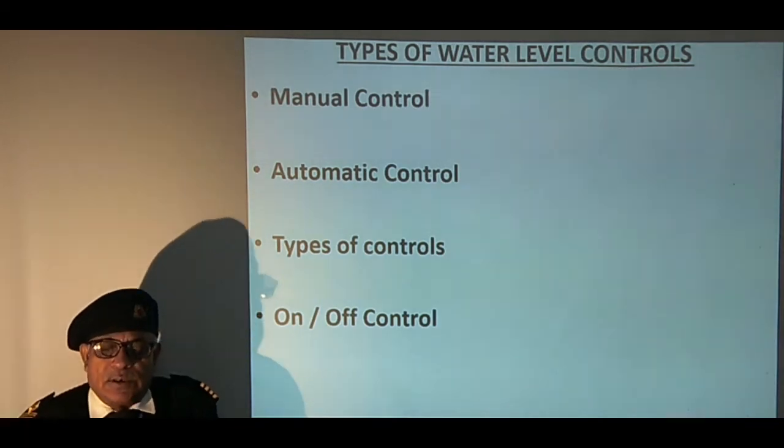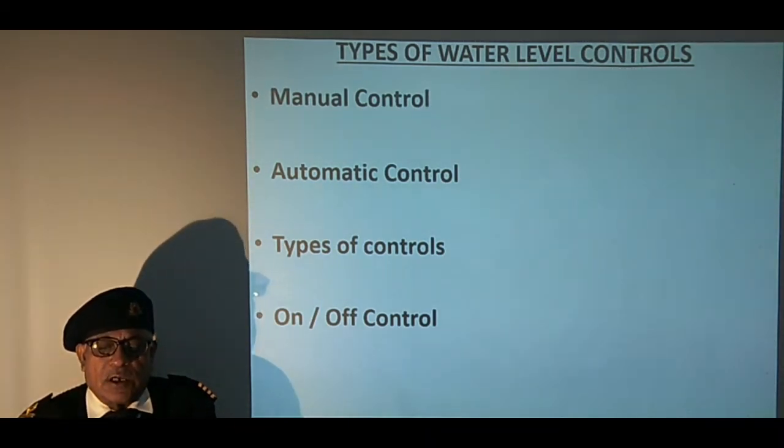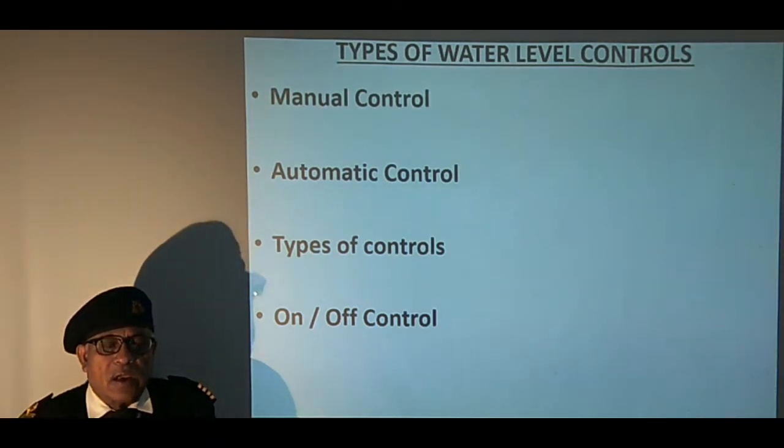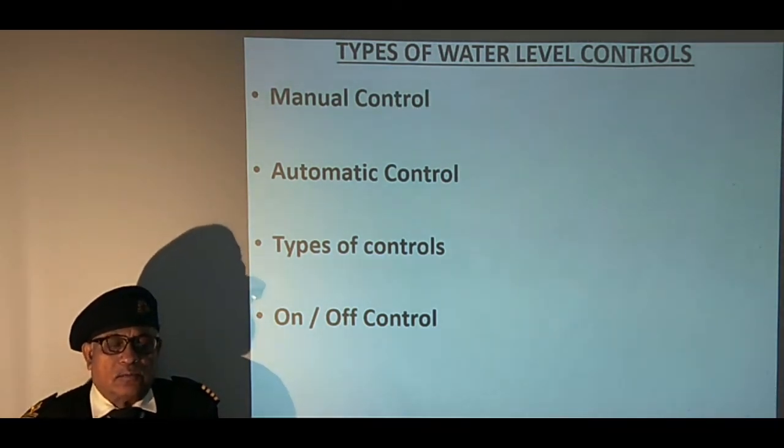On-off control means that water is intermittently supplied to the boiler, usually by an electric motor driven feed pump. On earlier boilers, it was controlled manually, whereas in modern boilers, it is activated by a level float.